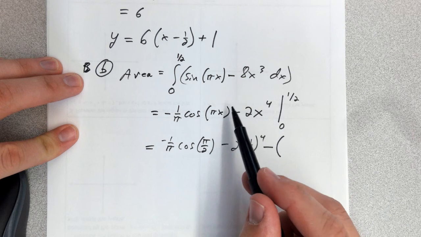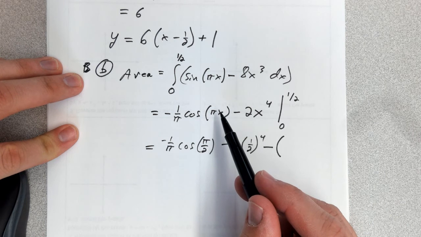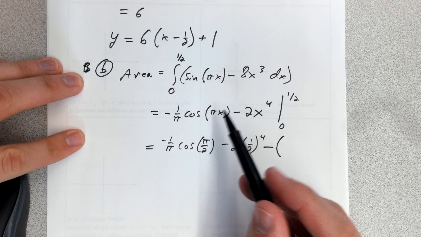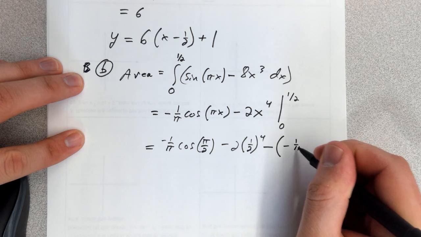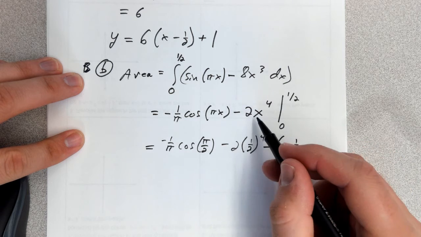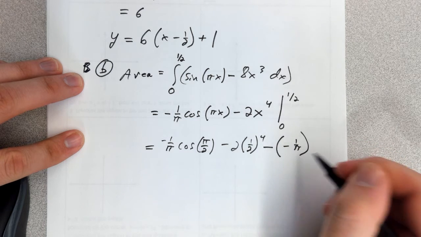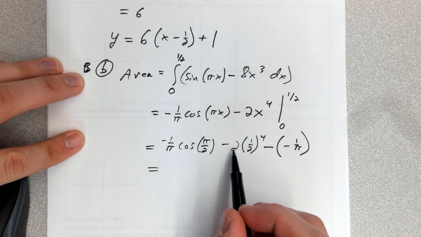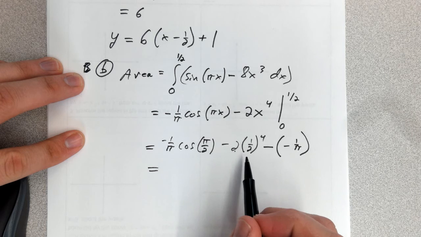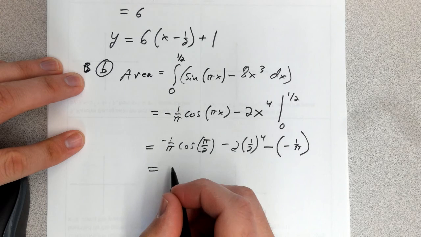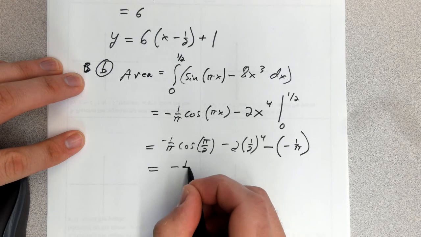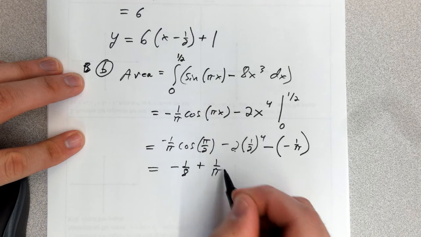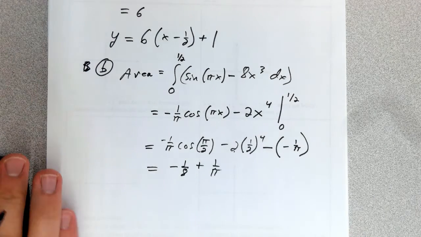Cosine of 0 is 1, so we end up with negative 1 over pi, and obviously when you plug in 0 for the other term, you get 0. Cosine of pi over 2 is 0, so we end up with 0 minus 2 times 1/2 to the 4th, which is going to end up being 1/8. So we have negative 1/8 plus 1 over pi for the area. Okay.